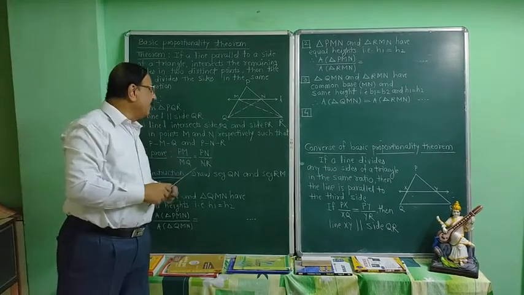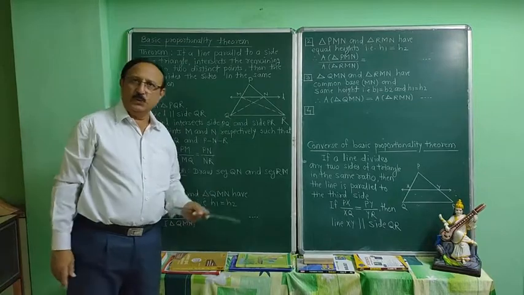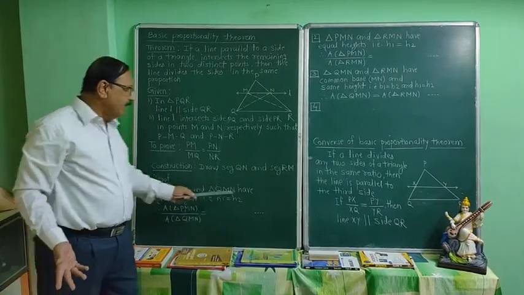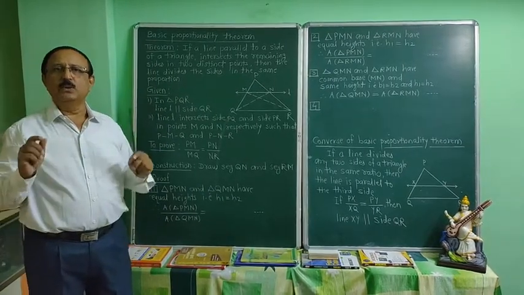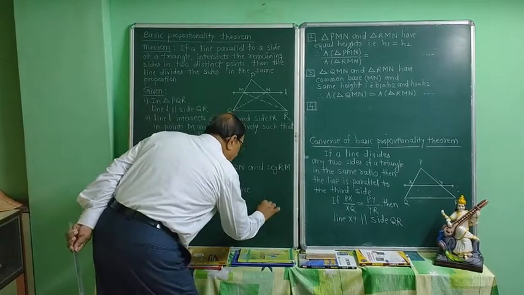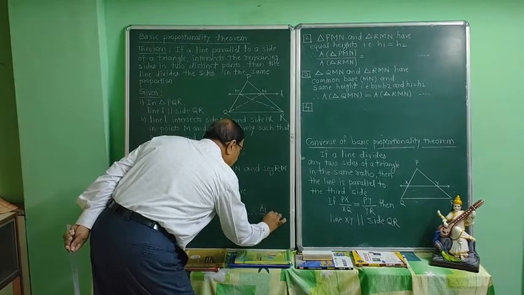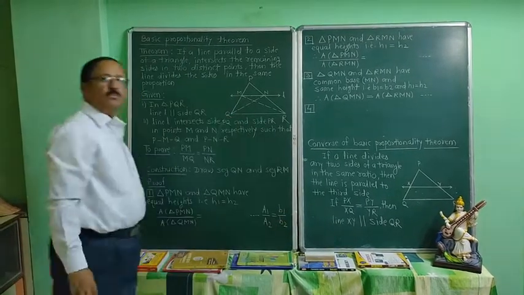If such is the case, then the heights are equal. H1 is equal to H2. Then we know the property: if H1 is equal to H2, then A1 upon A2 is equal to B1 upon B2.